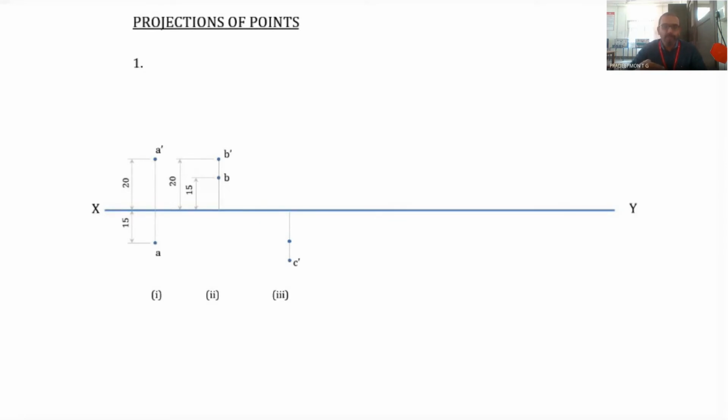In front of VP means the top view is below the XY line. Below HP means the front view is below XY.